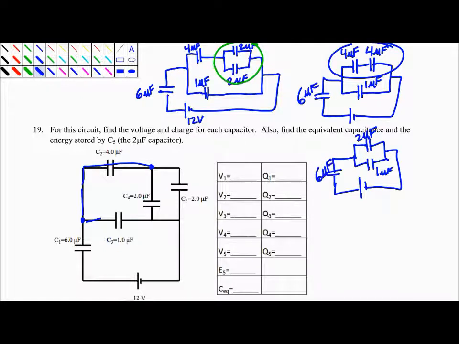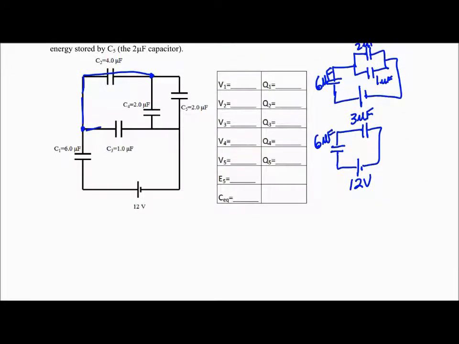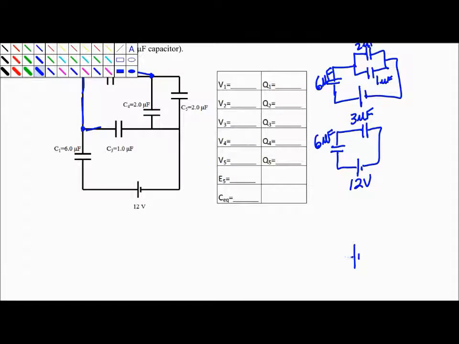And then I combine these two and I get a 3 microfarad. 2 plus 1 is 3. And then I can keep going. 6 and a 3, that's a 2. And that's my equivalent capacitance. So that's 2 microfarads. I have 12 volts here.